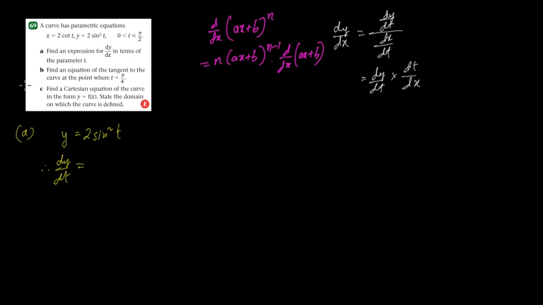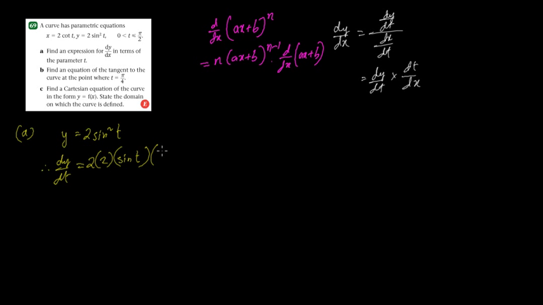So that's what we have to do here. In this particular case, we have this 2 as the constant, and this 2 as the power. The power comes first, so this 2 comes first, and then we write the same thing with the power decreased by 1. If the power is 2 and it is decreased by 1, it becomes only sine t, and then d by dt of whatever is inside the power.